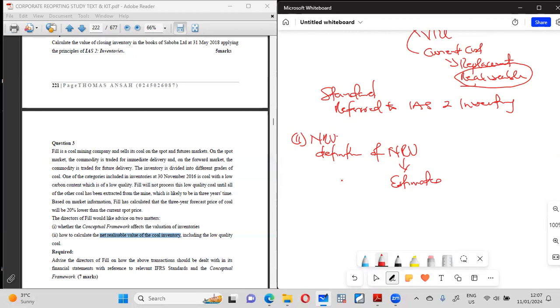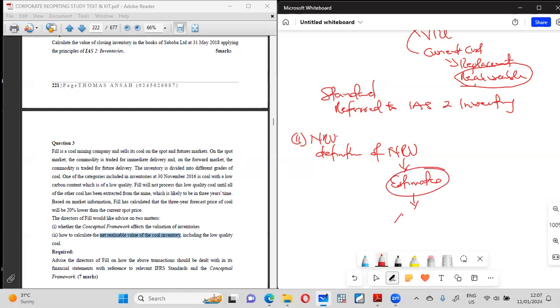Then what you should understand is that you are always going to look at the value at the end of each reporting period. Whichever the net realizable value, you have to look at it at the end of each reporting period. So if there's anything that will cause the forecast to change, then you have to make an adjustment. This thing you are doing is an estimate.